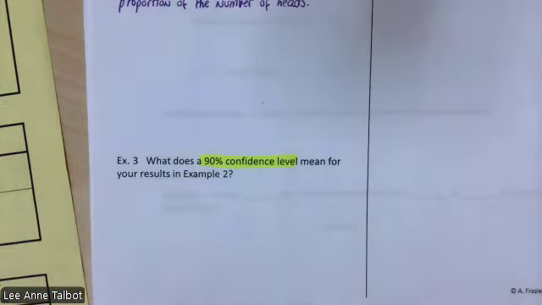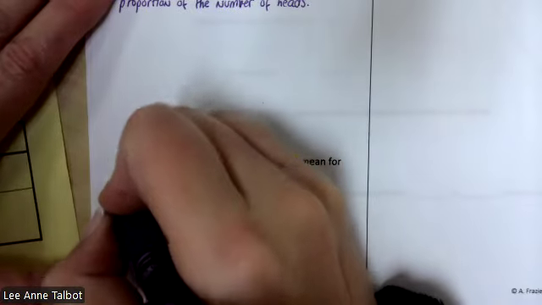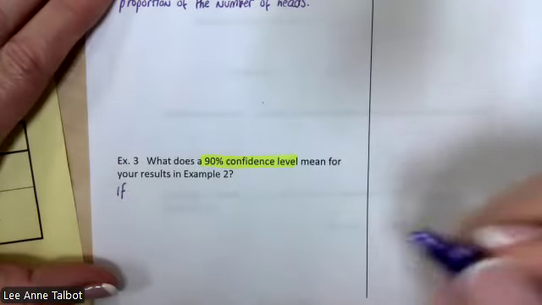What do we do? Yeah, so you guys can say that. I think I said if we take many random samples, but you can say over many. I don't care.